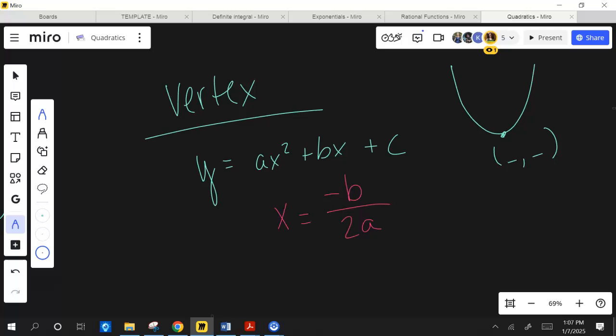Thank you. X for axis. Whatever helps you remember it. Opposite b over 2a will give me the x part of my vertex, which is also my axis of symmetry. So two in one. Look at that, it's a twofer.